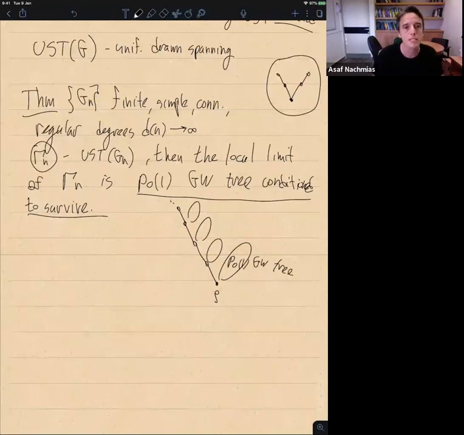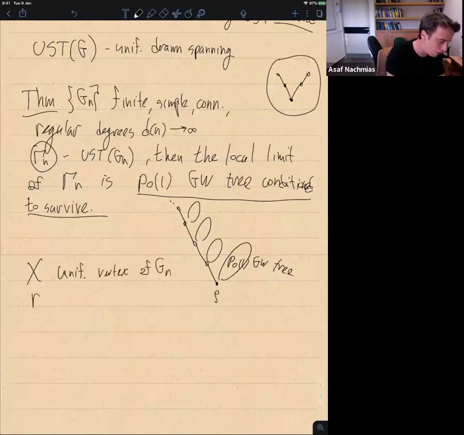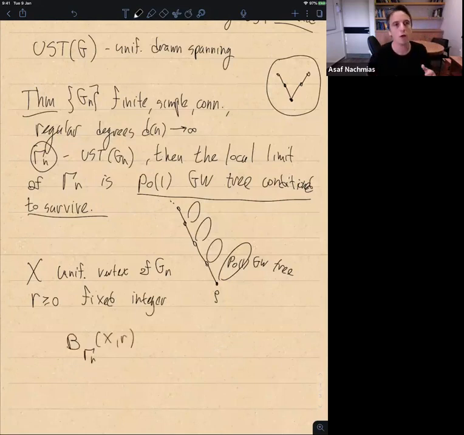And what does it mean? It means that if I choose x, a uniform vertex of Gn, and r is some fixed integer, and I look at the random variable, the ball in Gamma n of radius r, in the graph distance around a random vertex.